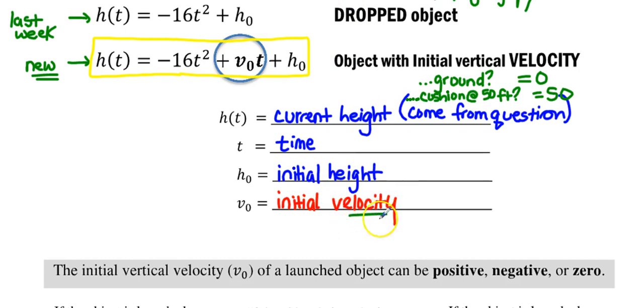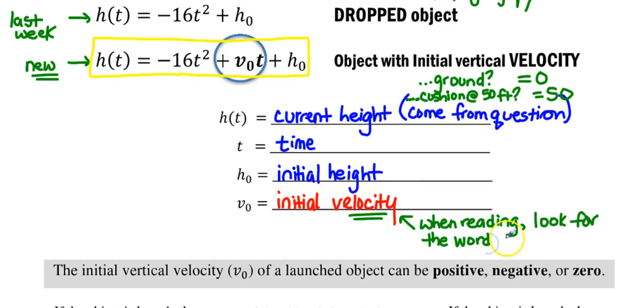And a hint here is, when reading, look for the word velocity. It will be there. And then you'll know that that's what goes for v naught. And I have a little space, so I'll be more clear up here. Current height comes from the question being asked.